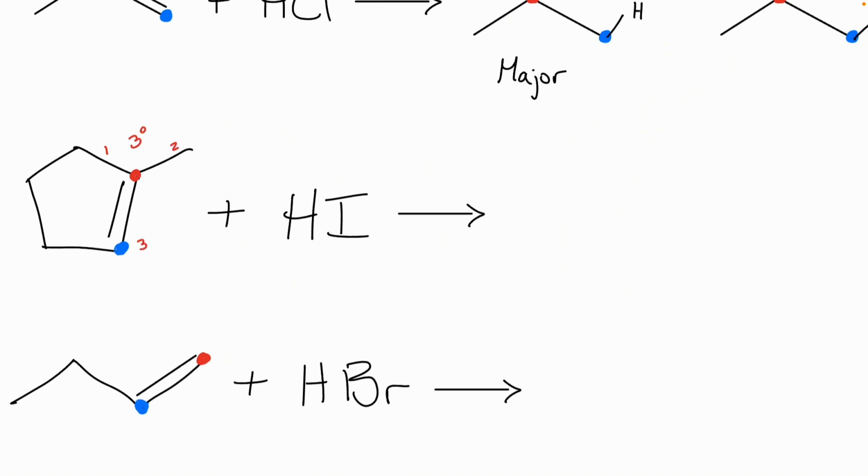So this one's a tertiary carbon. My blue one has 1, 2, so this would be a secondary carbon. So which of these carbons is the iodine going to go on? The tertiary, so in this case, my red carbon.